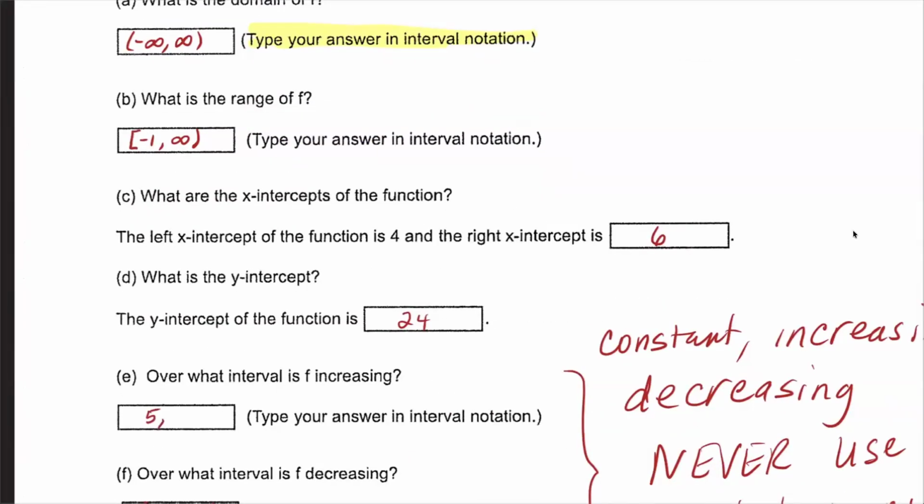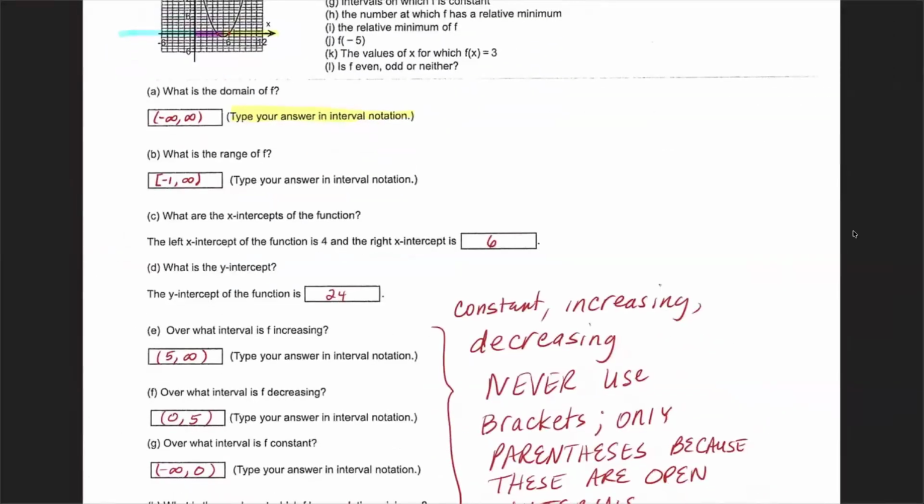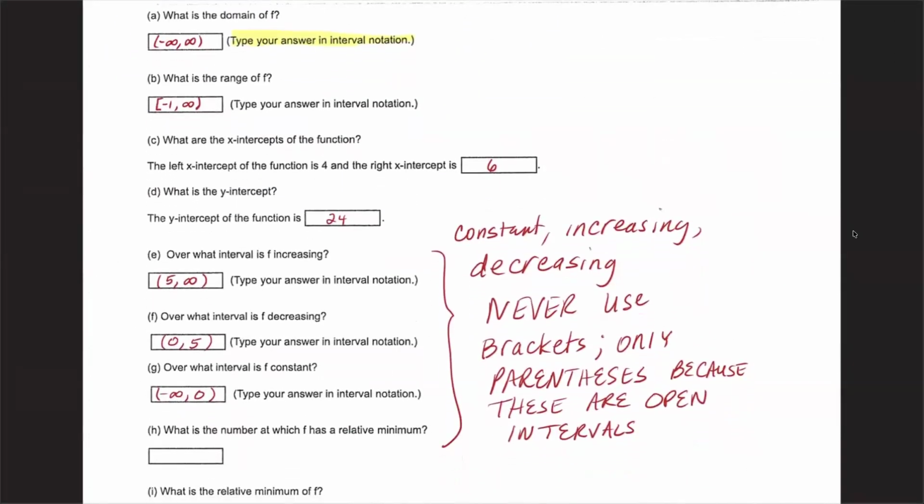It stops increasing. Well, it never stops increasing. It goes on increasing forever to infinity with parentheses. Any questions? Because some people have questions. I can't entertain every single question, but if you got a question about this, ask it.